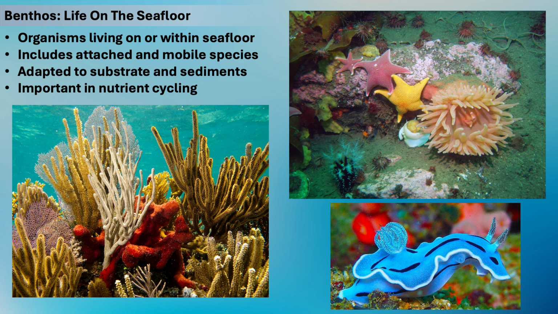In addition, benthic organisms contribute to the recycling of nutrients by breaking down organic material and releasing nutrients back into the water column. Because the seafloor environment varies widely in depth, temperature, pressure, and substrate type, benthic organisms have evolved a remarkable variety of adaptations that allow them to survive under very different conditions.